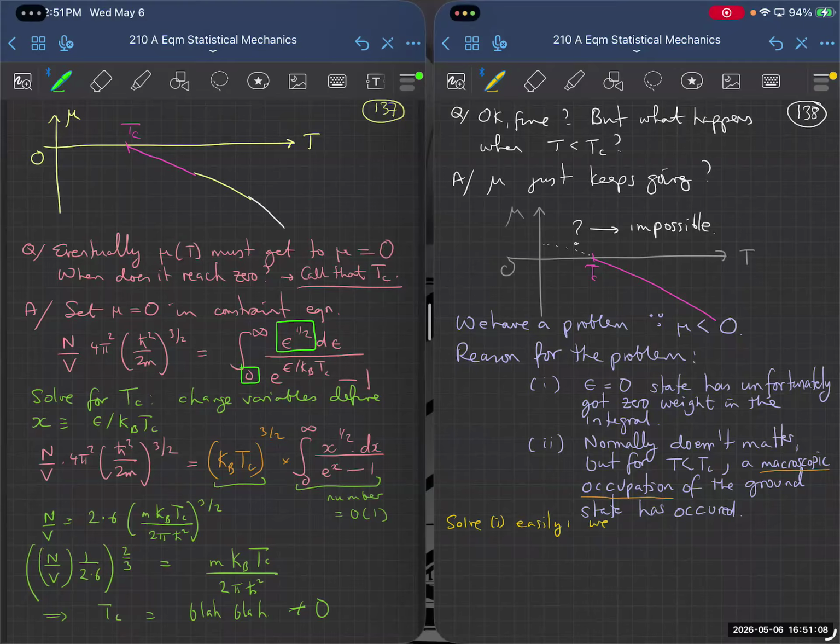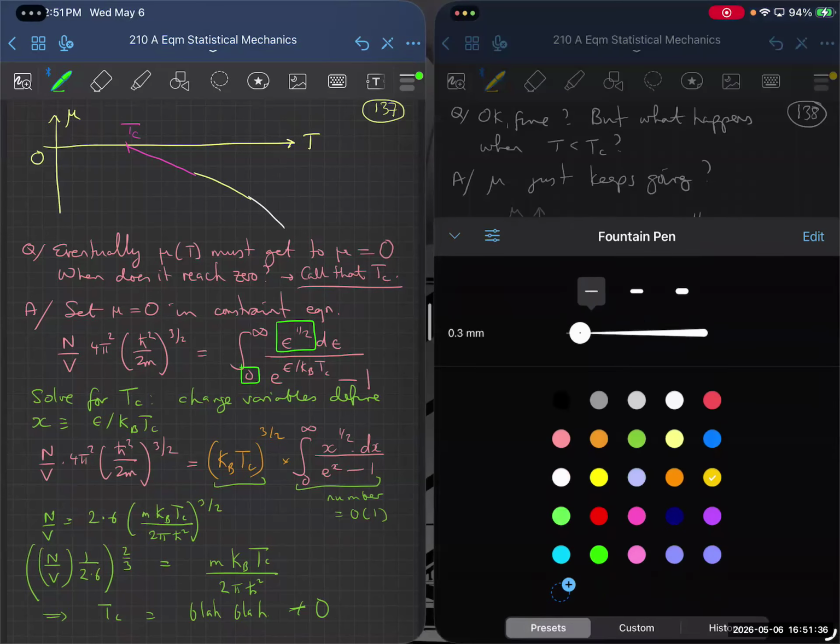We just include the ground state explicitly on the right-hand side. The density of states in energy was a thing that kicked out the ground state because it went as epsilon to the 1/2. So all we do is simply add it in.